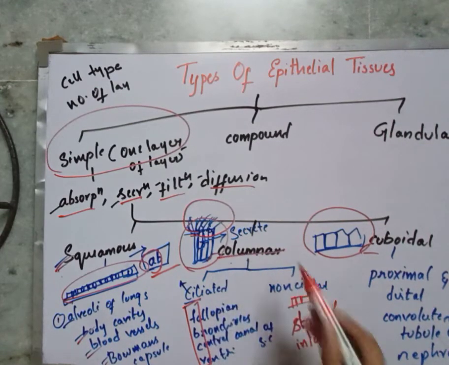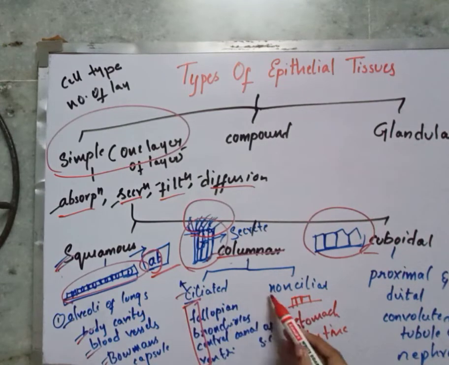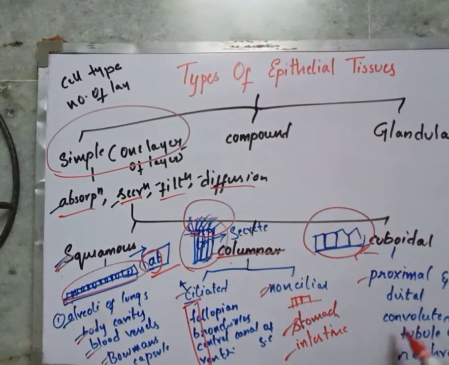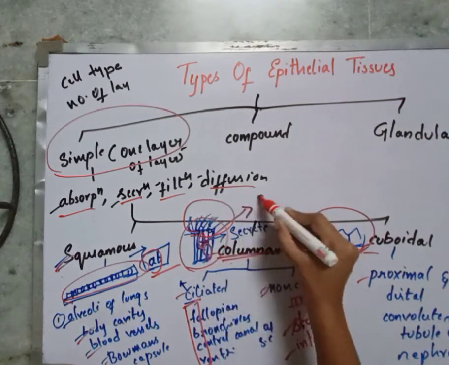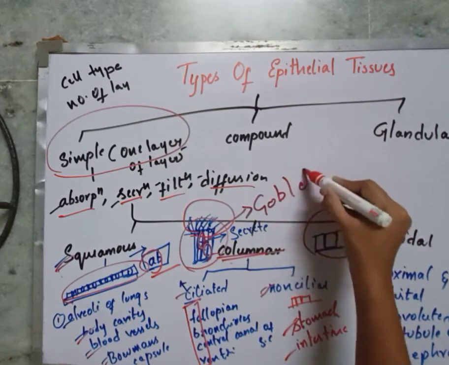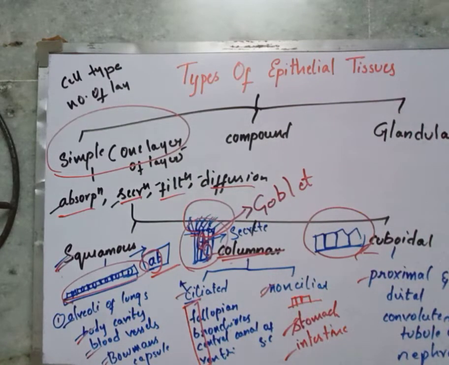Columnar epithelium is further classified into ciliated and non-ciliated. Ciliated examples are FBCV: fallopian tubules, bronchioles, central canal of spinal cord and ventricles. The non-ciliated epithelium is found in the stomach and intestine, and the cuboidal epithelium is found in the proximal and distal convoluted tubule of nephron, and the columnar cells also contain some specialized cells called goblet cells. These goblet cells are useful for the secretion of certain substances. So this is about the simple epithelium.